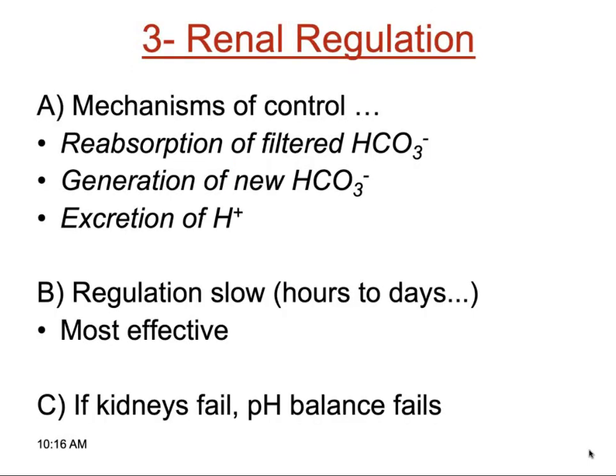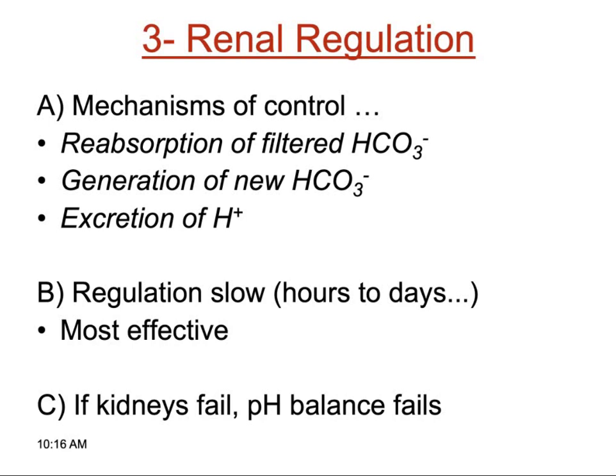The third physiological buffer is your renal regulation. It is pretty slow because it takes hours to days, but this is the most effective mechanism. The reason is that if the kidney fails, pH balance fails. And that is why kidneys are very important for our survival. And what is the mechanism of control?